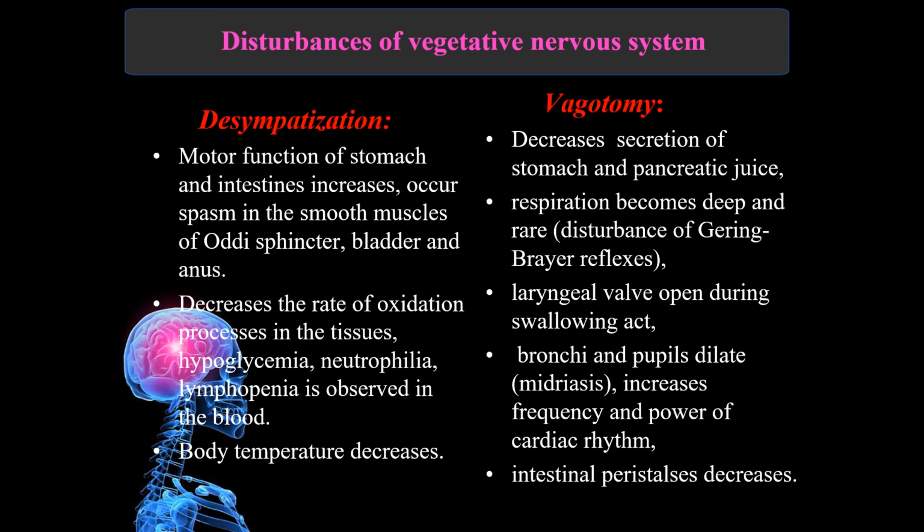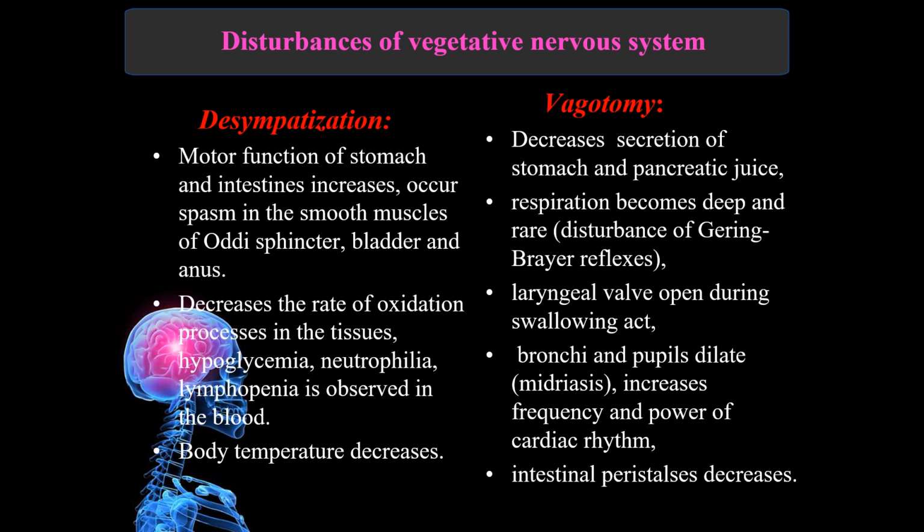For example, desympathization. Desympathization means transection of the sympathetic nerves, and there are some manifestation signs that appear in this case. You see here, lack of sympathetic innervation is followed by these changes.